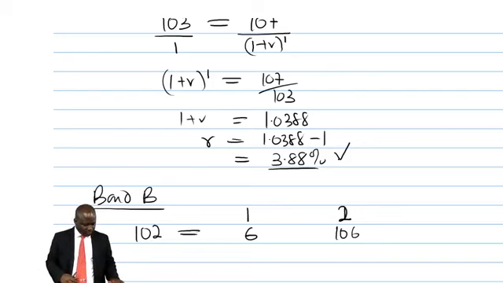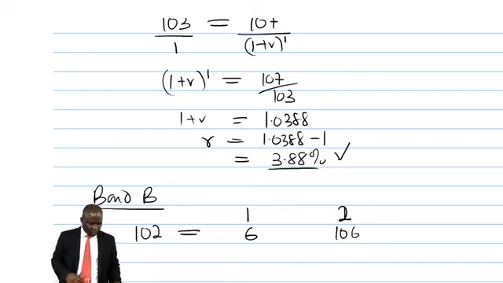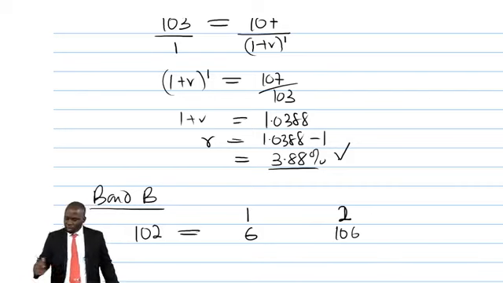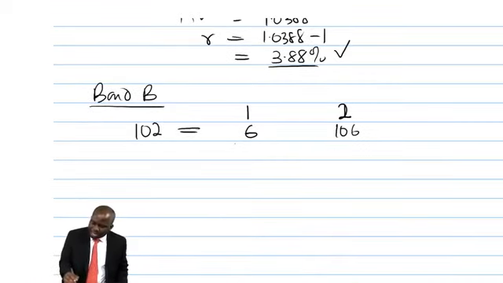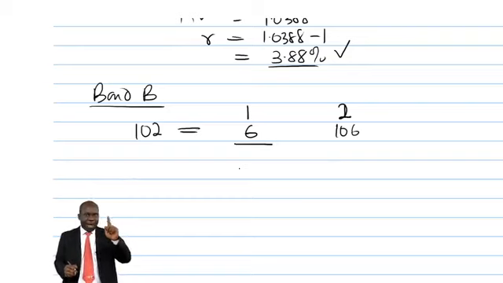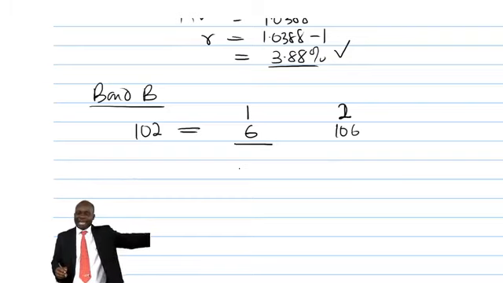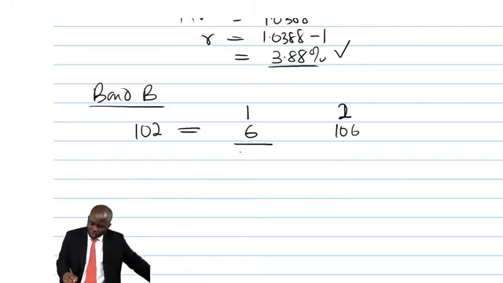Okay? So therefore, we are going to say bond B, year 1, you will make the same return as bond A made. So 1.0388 raised to the power 1.